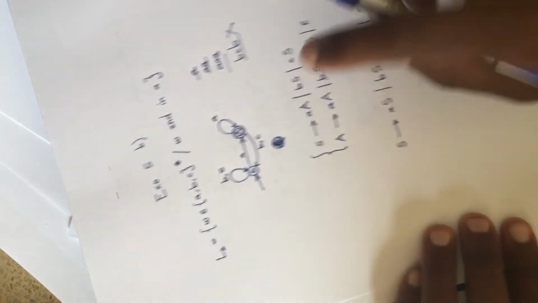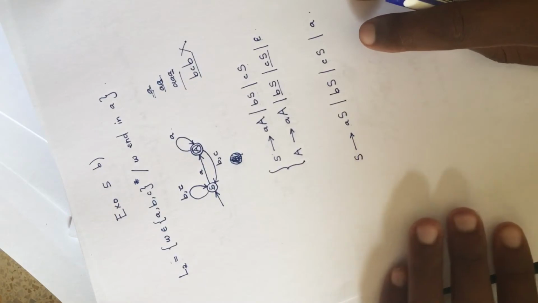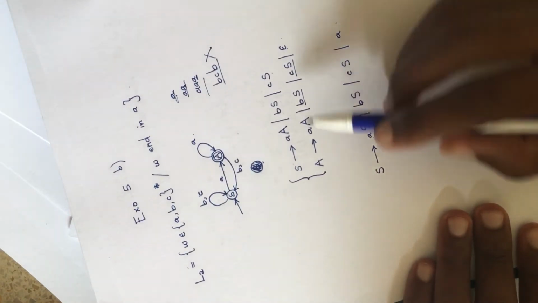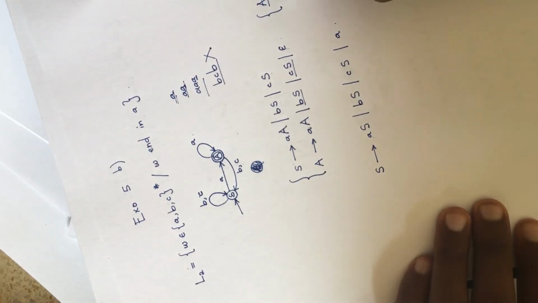But let's face it, this language doesn't contain epsilon, so you can remove epsilon from it. But how do I do that? I'm going to say A gives us epsilon, so we have this production rule in this language. A can give us epsilon, which means this is called a null production. Null, which means A can give us null, which is epsilon.